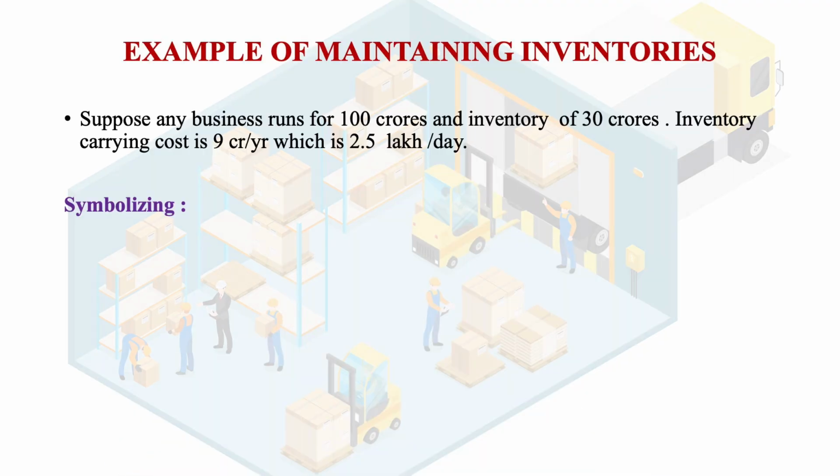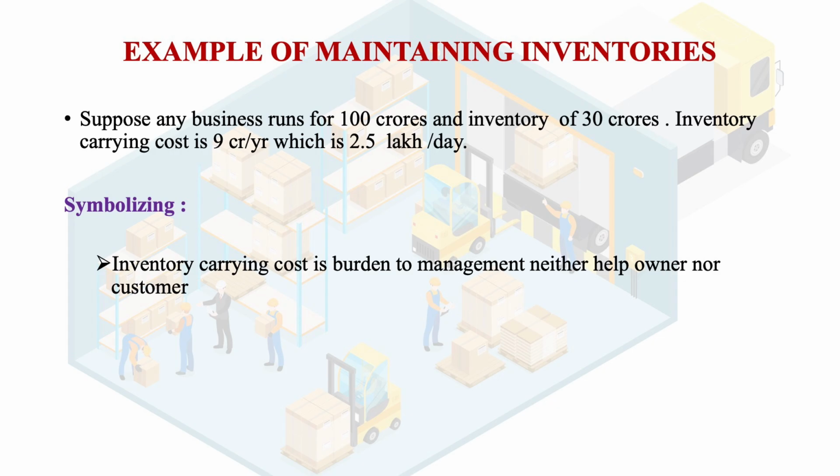It symbolizes that inventory carrying cost is a burden to management, and helps neither owner nor customer. It is evident that if inventory carrying cost or holding cost is too much, then it is a burden to management.